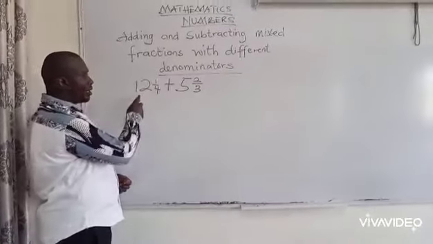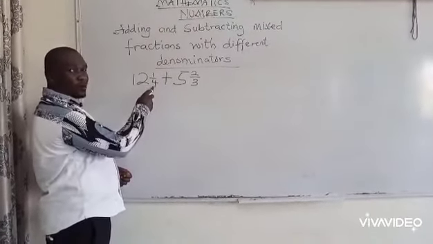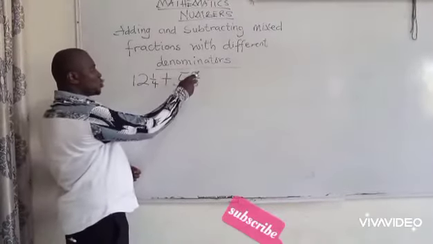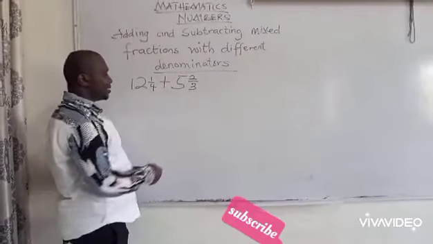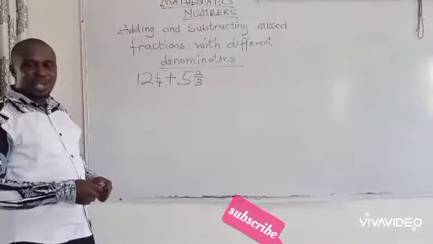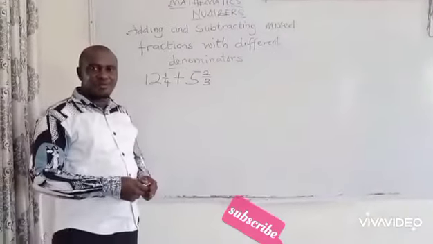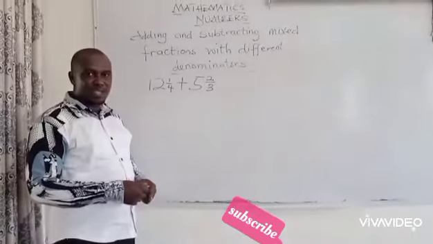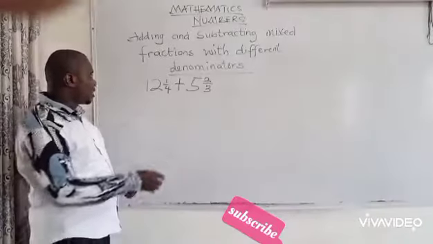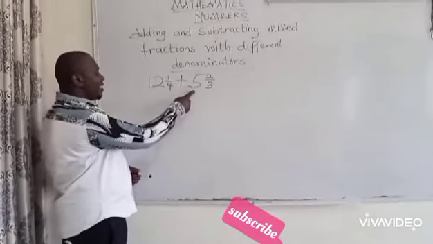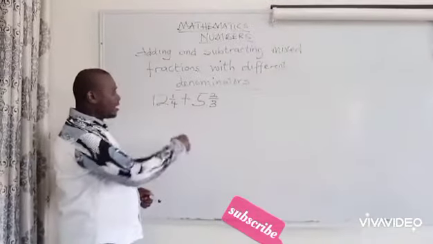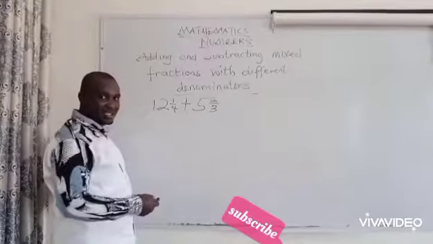12 whole number, 1 out of 4, plus 5 whole number, 2 out of 3. How do we solve this question? We are going to use the same method we used in our first example to solve this question. In our first example, we said that we have to add the 2 whole numbers and add it to the 2 fractions.